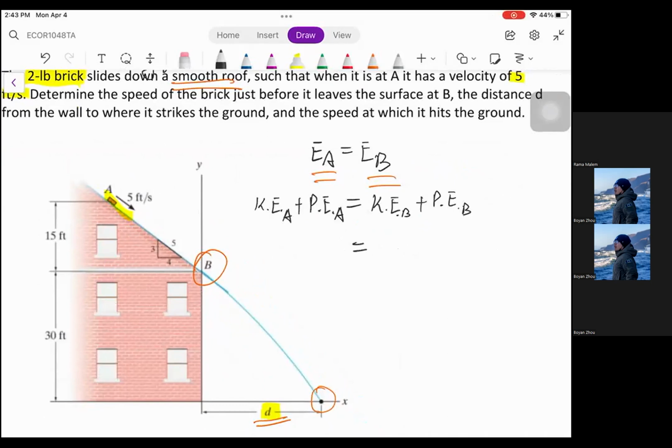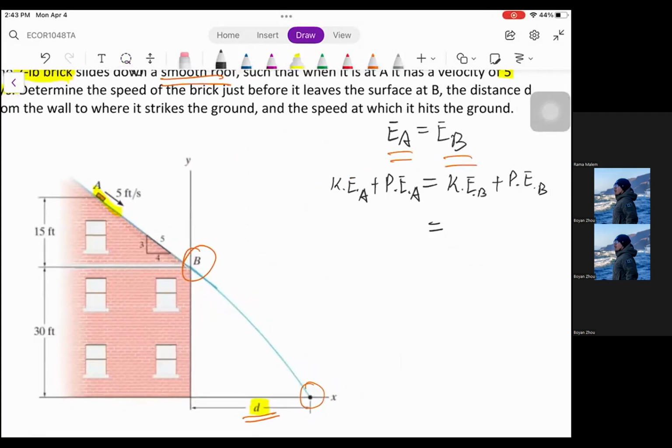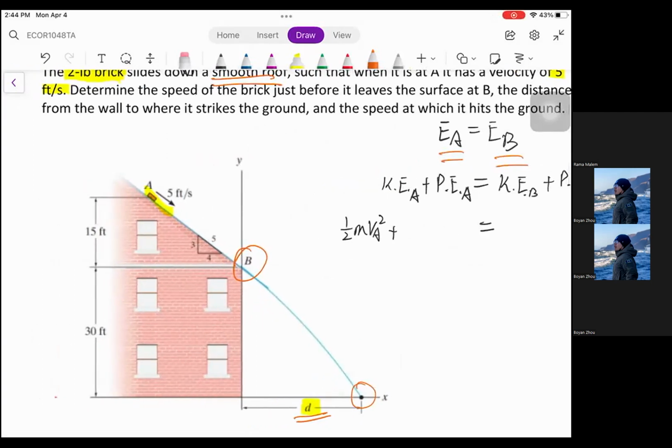So we can just plug into the equation. For the kinetic energy, what we have is half m v_A squared plus the potential energy. For the potential energy, I'm going to say the datum, the ground, is here.